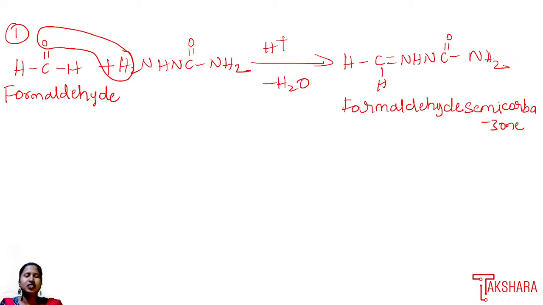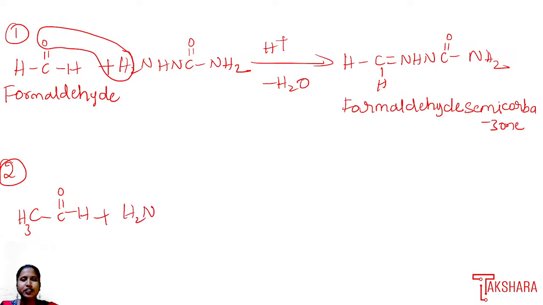So this is the first example for the formation of semi-carbazone. Now let us consider one more reaction. Instead of formaldehyde, let us take acetaldehyde. Acetaldehyde has the formula CH3 C double bond O H plus NH2 NH C double bond O NH2, in the presence of an acidic medium, H plus.